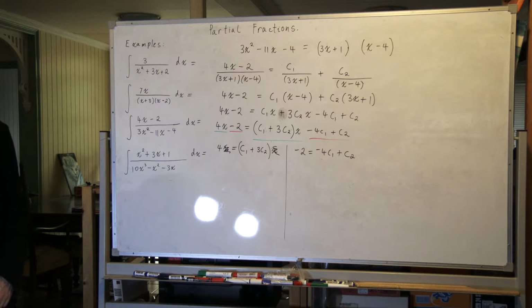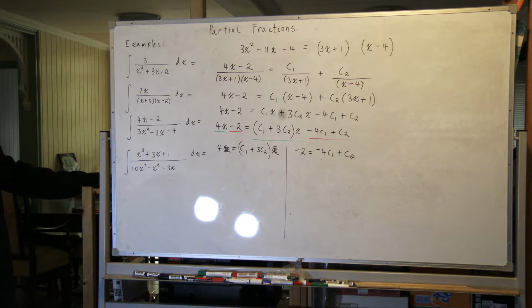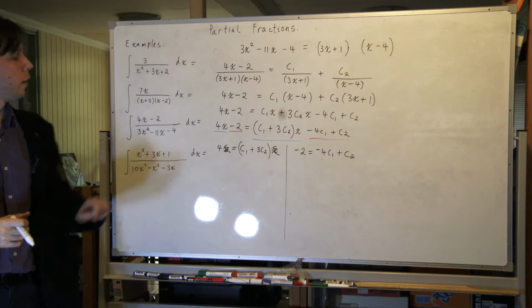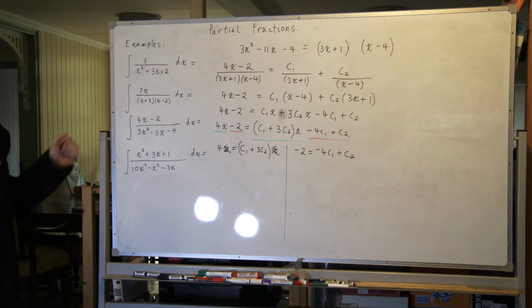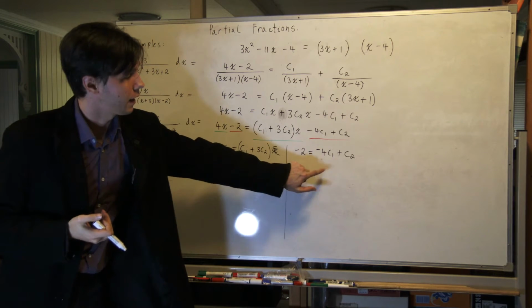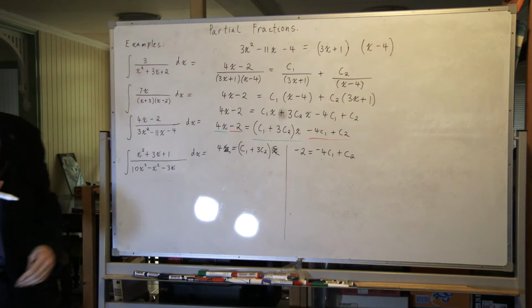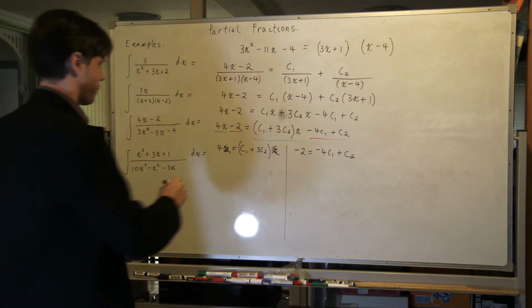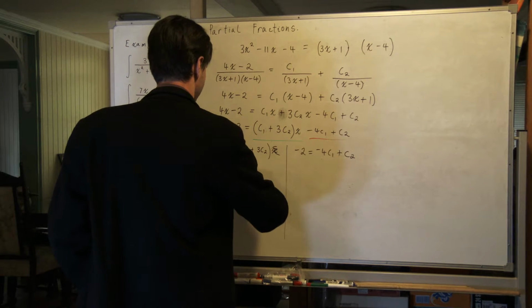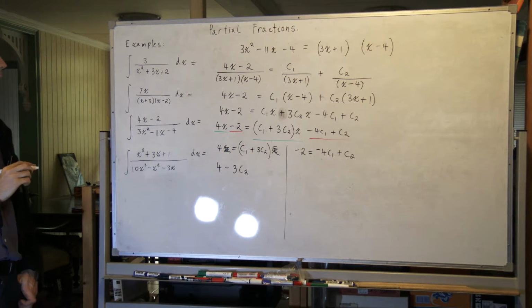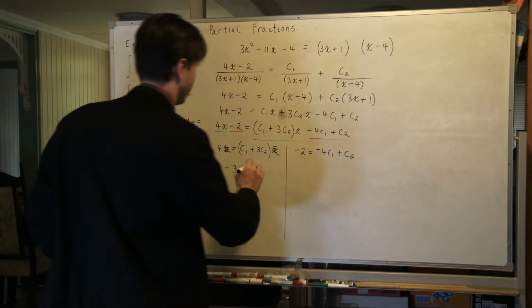Not bad. I'm going to rearrange. I see that I have just C1 by itself here. So I'm going to rearrange, make C1 the subject in this first equation, then substitute that in here, and it will reduce the number of unknowns. So I'm going to subtract 3C2 from both sides.